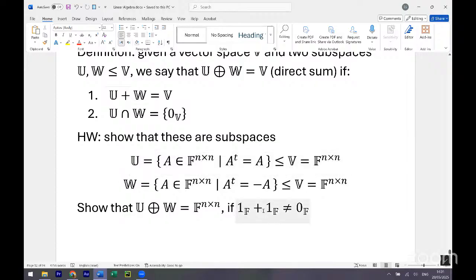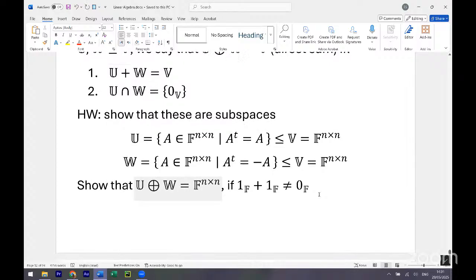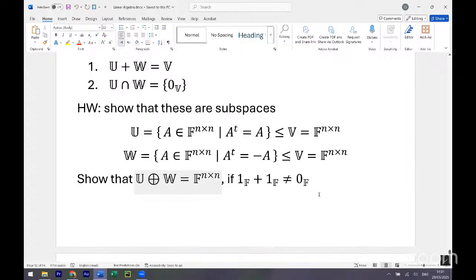But if 1 plus 1 is not 0, then this is a direct sum. And what I started to say is that you showed me in the homework that each matrix is the sum of a symmetric and an anti-symmetric one. That's the main thing you need here in order to prove that the sum is the whole set of matrices. So this is a nice example for homework, okay?